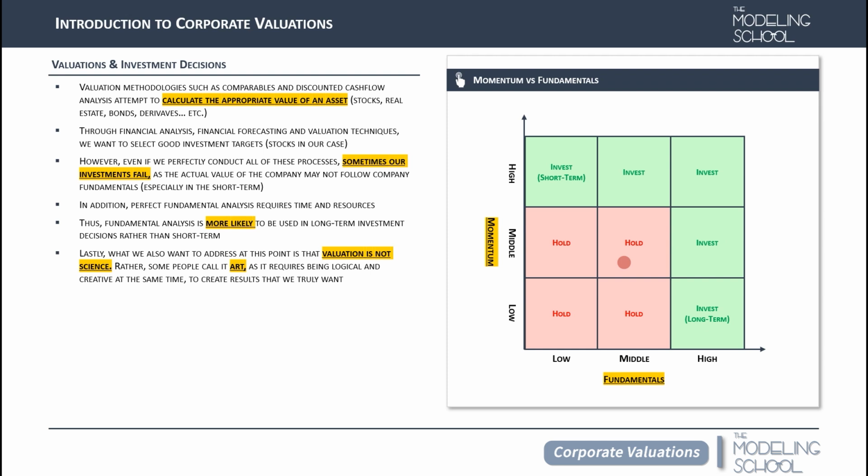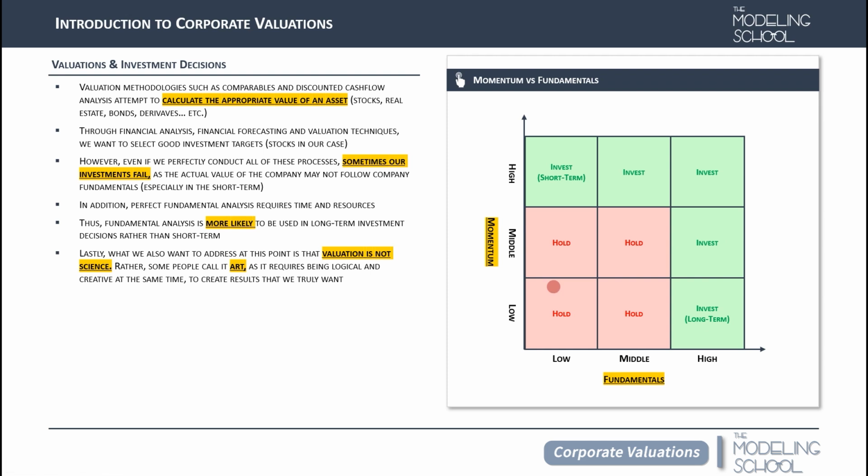Well, as most of you already probably know, the answer, to put it simply, is partially yes. Conducting valuation does not always result in a successful investment, but it does increase the likelihood of making a successful investment.